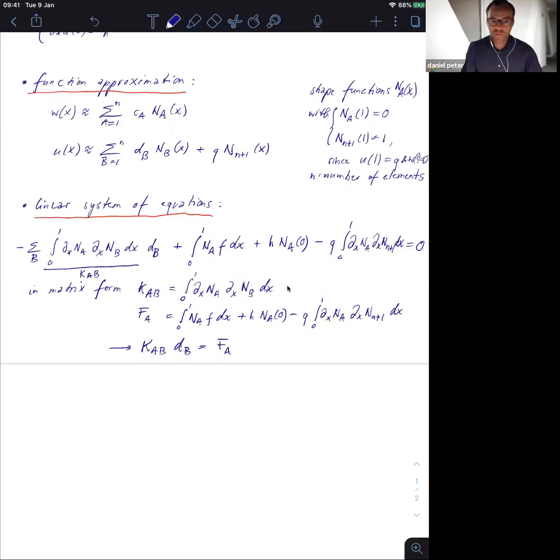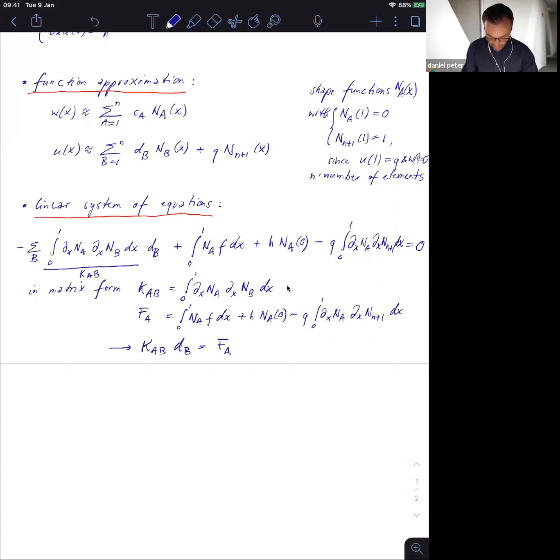And so you have the sum over B of K_AB times d_B. So it's like a matrix vector multiplication. So d_B you can think of as a vector, and these coefficients K_AB as elements of a matrix, and then you have a matrix times a vector. That gives you the sum over B.